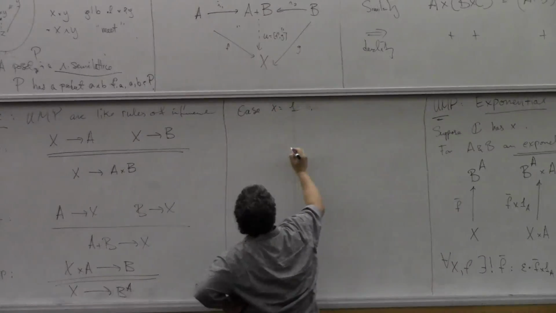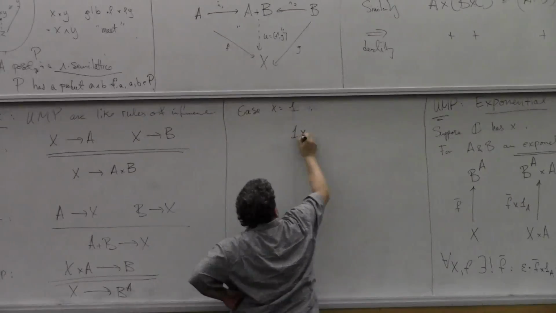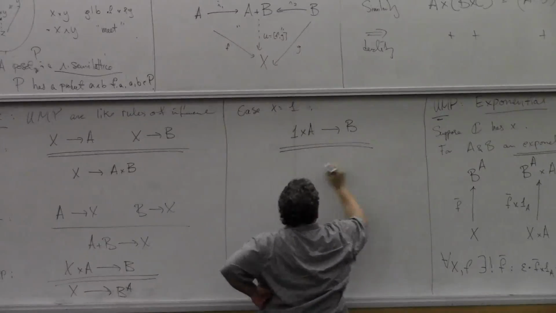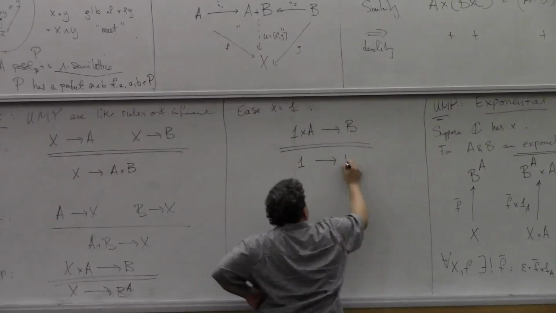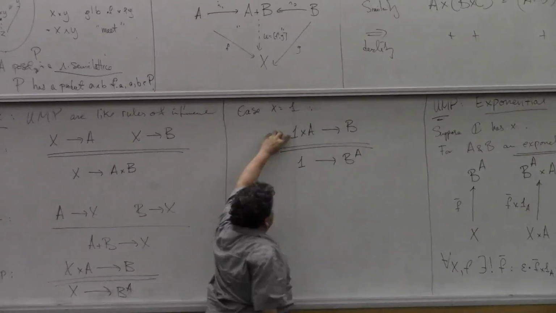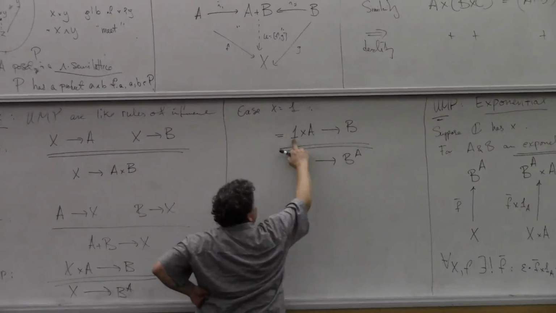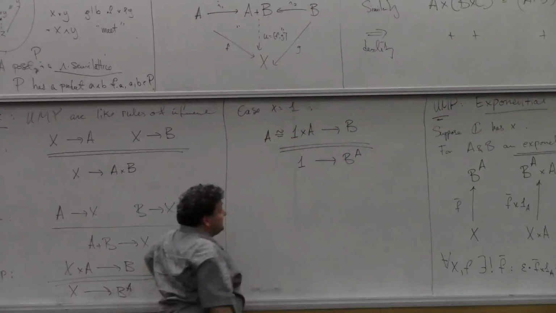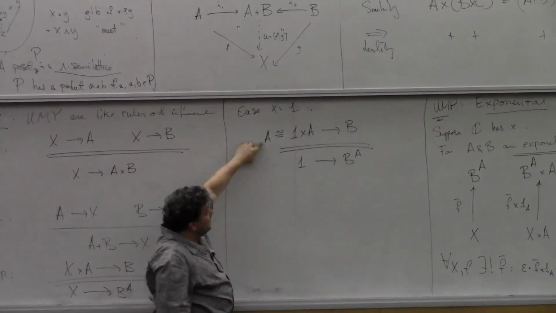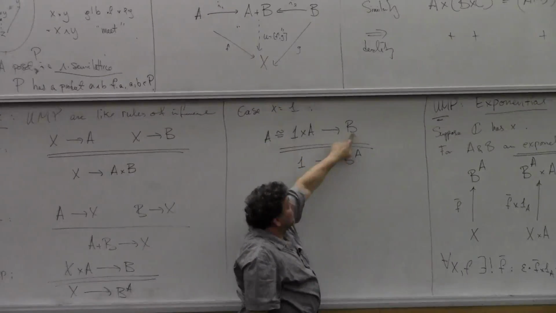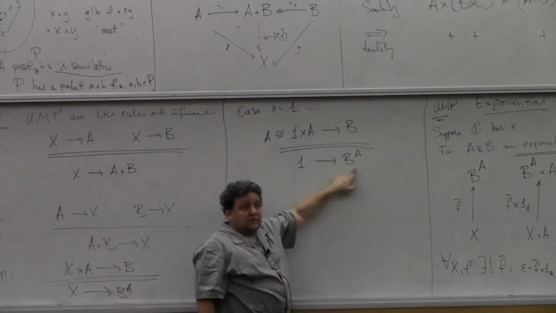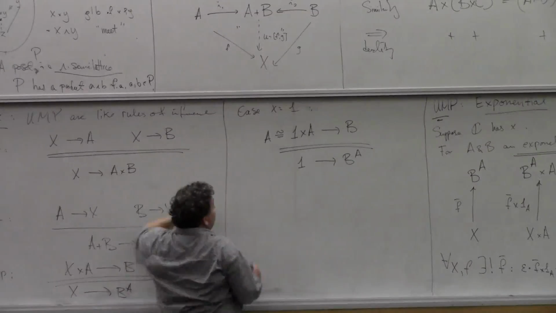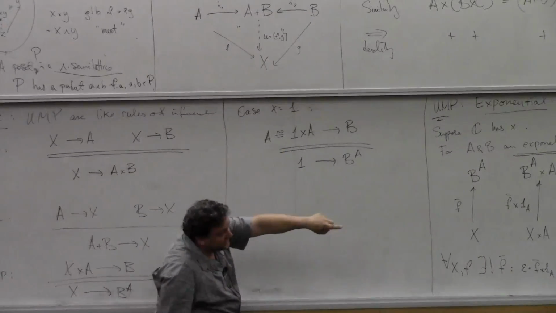Then we have 1 cross A into B corresponds to 1 into B to the A. Now, it's an easy exercise to show that when you have products in a terminal object, that 1 cross A is isomorphic to A itself. So this is saying that maps from A to B correspond to points of the exponential, constant elements of the exponential. Yeah. So that's the observation that I want to use to finish the sentence over there.